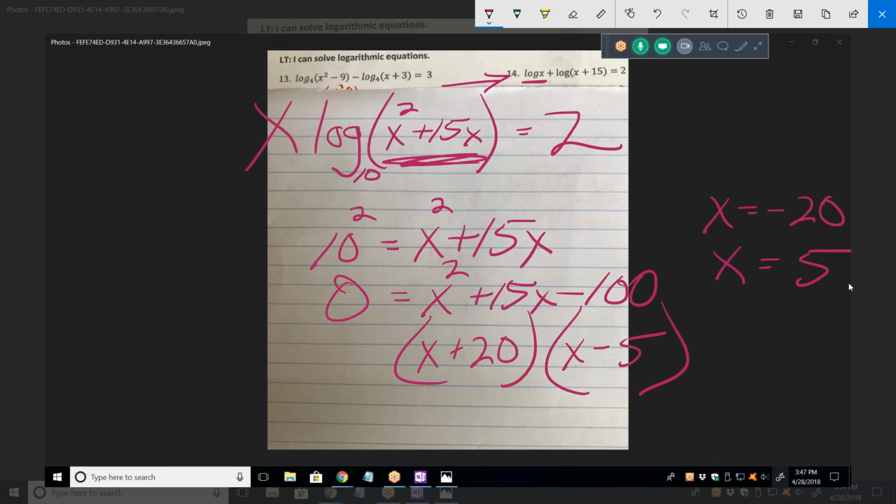In fact, it violates both that domain and that domain. So this solution gets thrown out, and x of 5 works because now we have the log of 5 plus the log of 20. Is that equal to 2? And if you stick that in a calculator, you'll find out that it is.